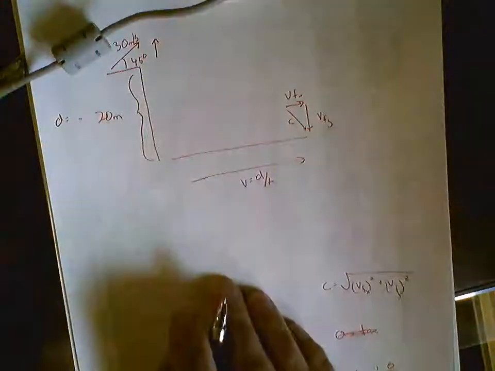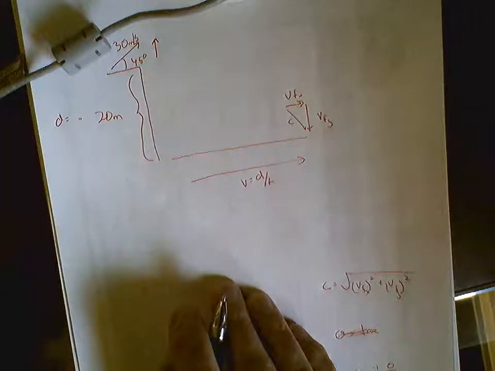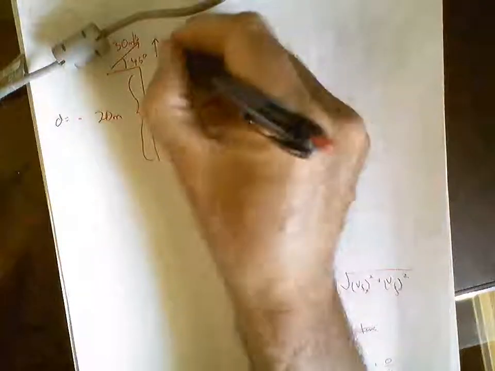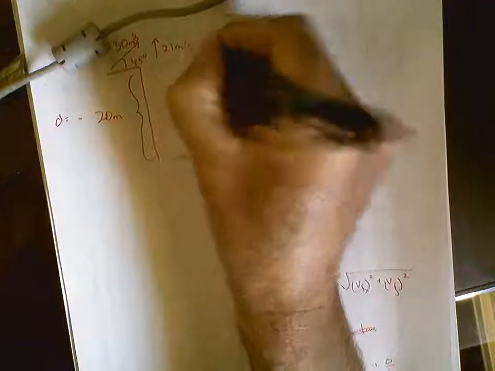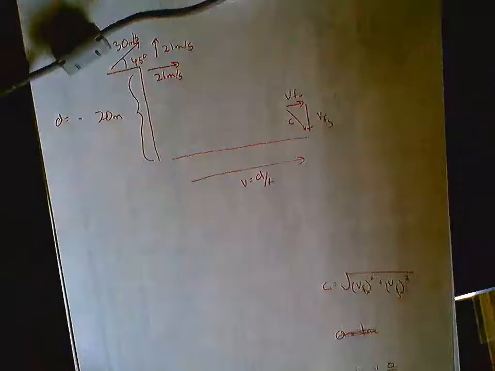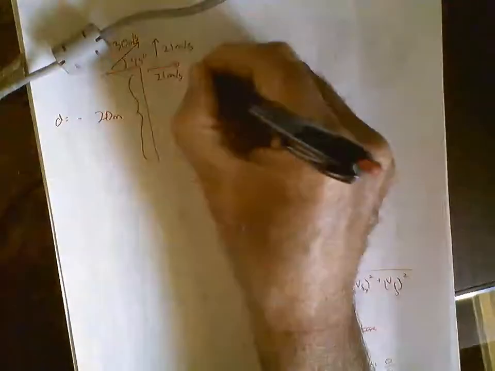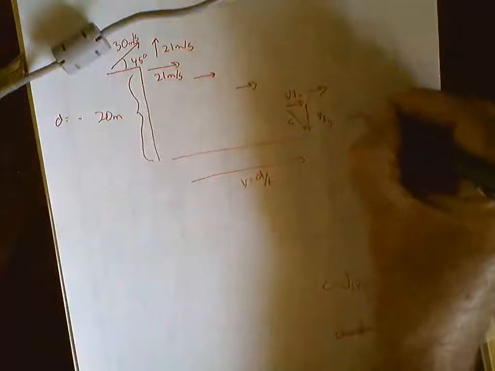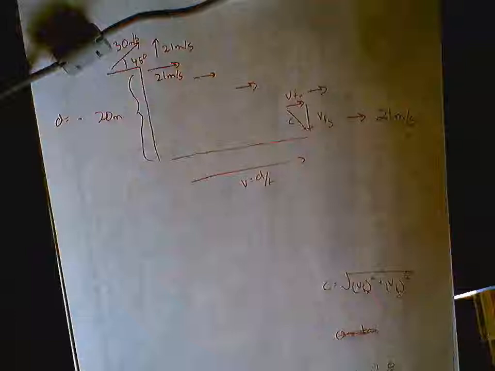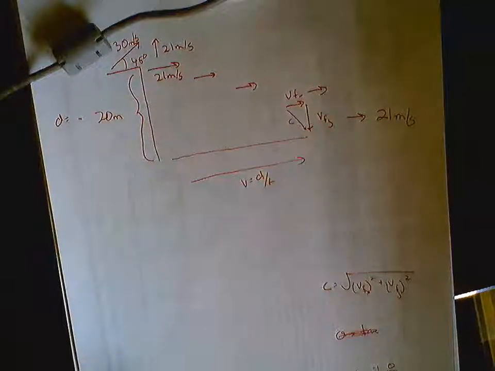So you'll notice that we start with the same angle and the same velocity. So when we split this up, that's going to be 21 meters a second in this direction and 21 meters a second in this direction. Now, I want to remind you that no matter where we are on this journey, we are always 21 meters a second in the x direction.